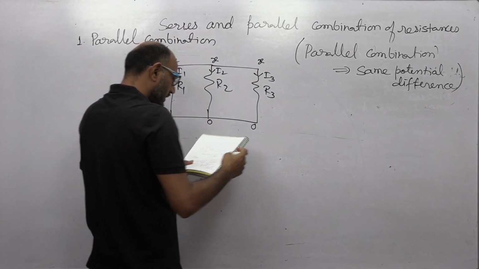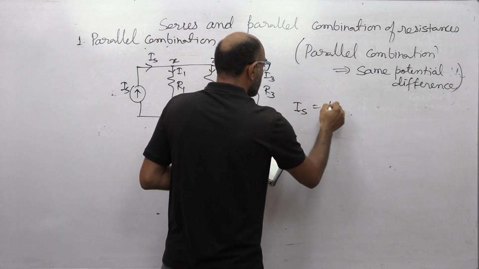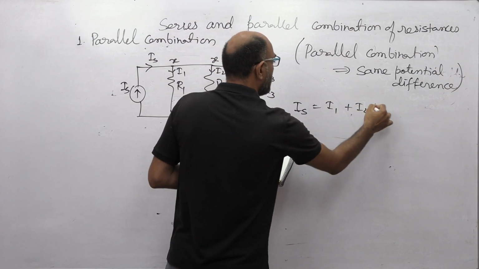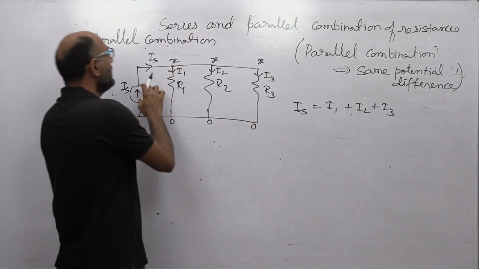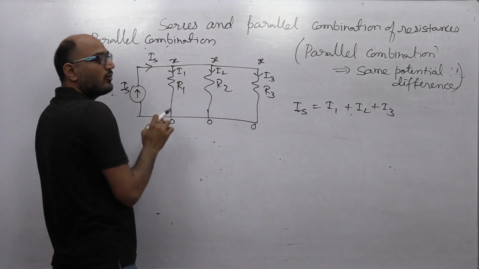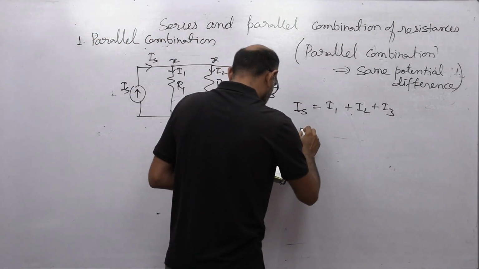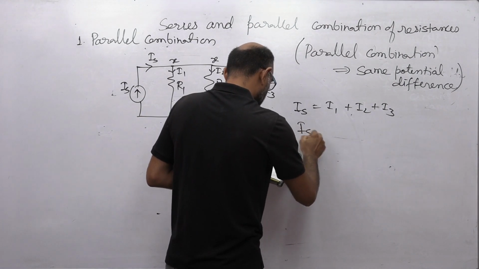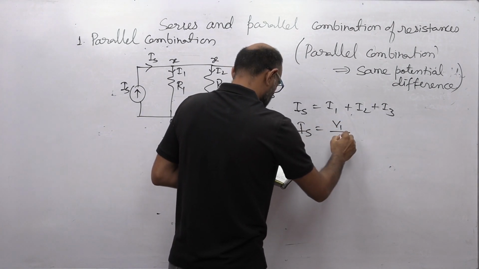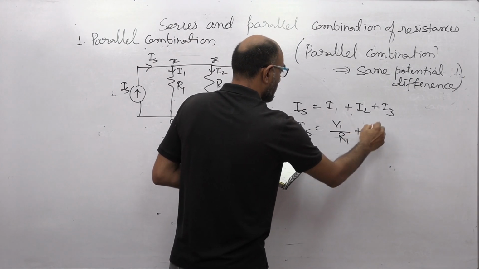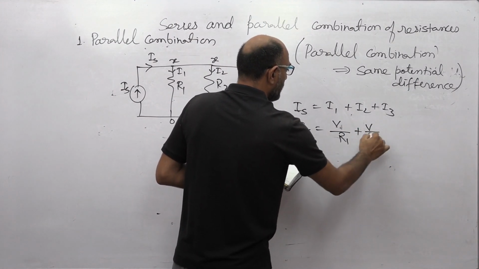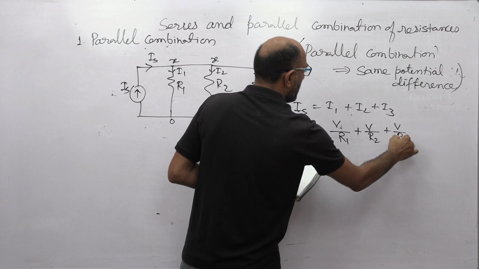So what you can write that Is is what? I1 plus I2 plus I3. Whatever the I coming out from this current source is delivered to the R1, R2 and R3. So Is is V upon R1 plus, इसे V कर देता हूँ, V upon R2 plus V upon R3.